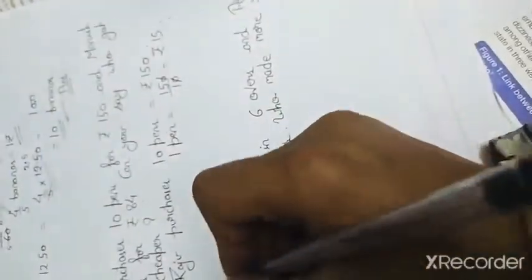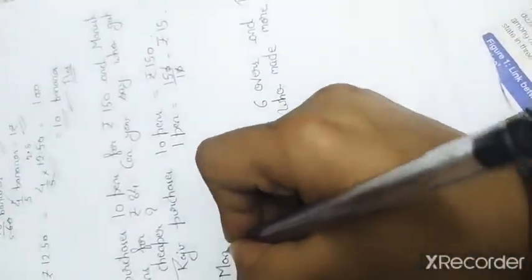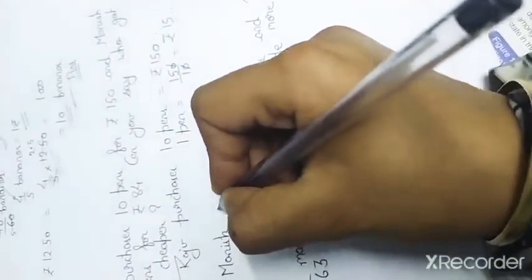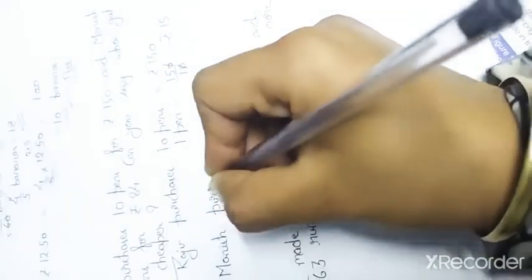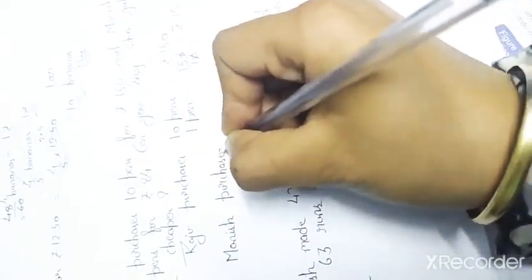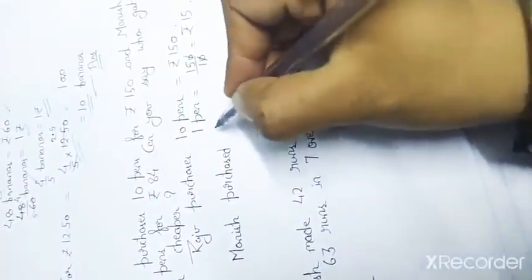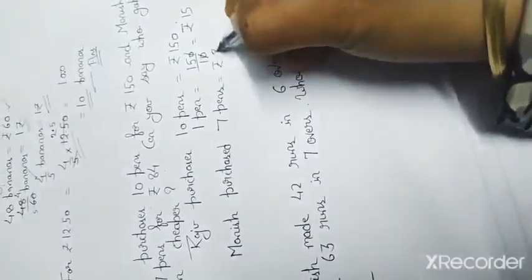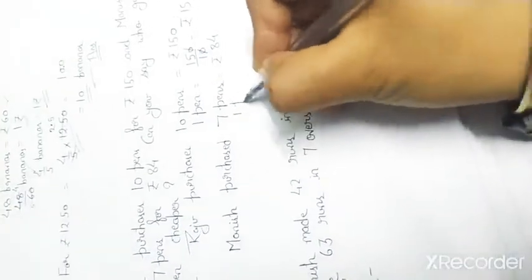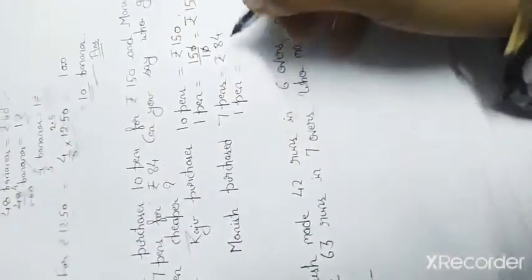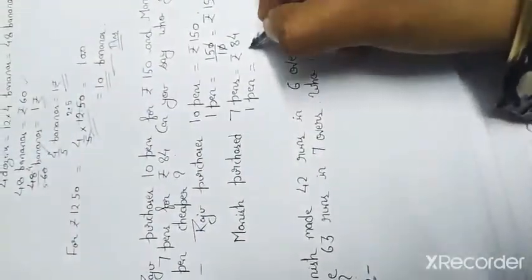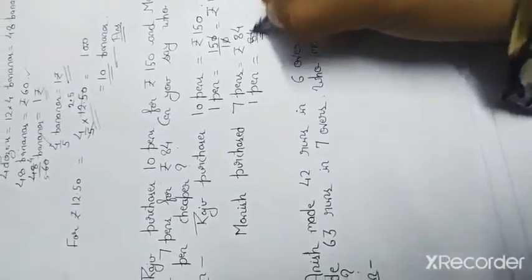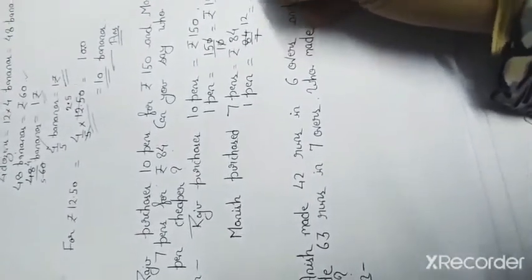Now, Manish purchases 7 pens for rupees 84. So, the cost of 1 pen for him will be 84 by 7. 7 ones are 7, 7 twos are 14, means rupees 12.